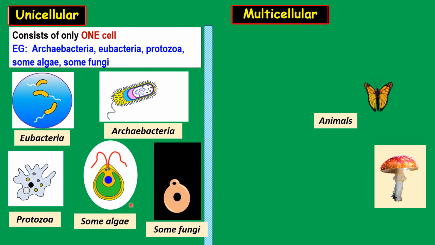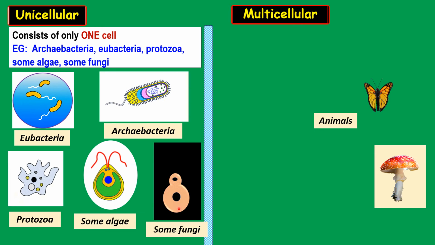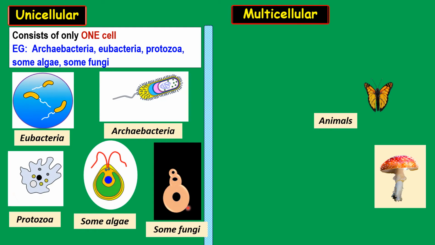Okay, it's green in color, but the cells are very tiny, and they are unicellular algae, which form the phytoplankton. Now, some fungi are unicellular. A common example is yeast. So yeast is a unicellular organism that can produce new buds that separate from it. Okay, but it's a unicellular organism.